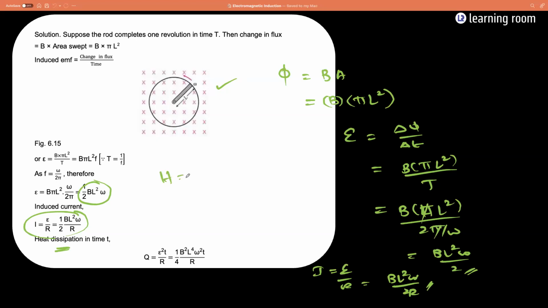Heat dissipation will be equal to I square R into T. So I square is B square L power 4 omega square divided by 4R square, into R into T. So R and this will get cancelled and that will give you the answer.